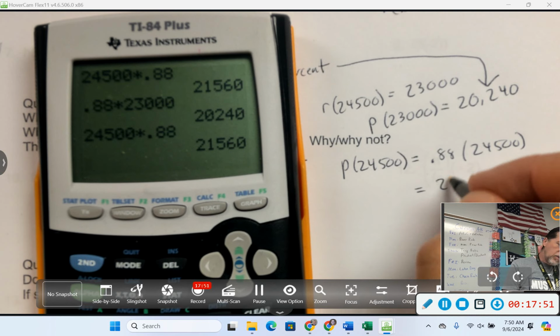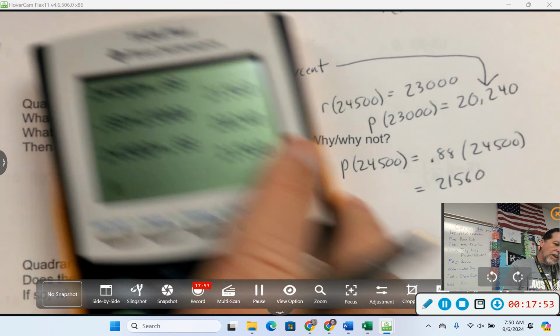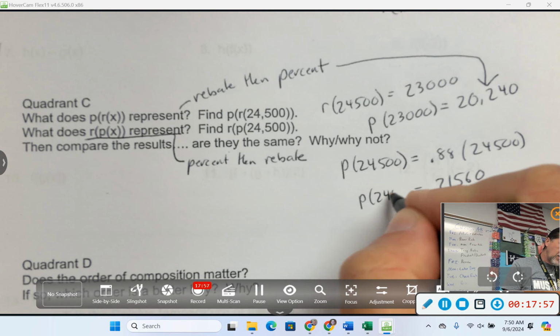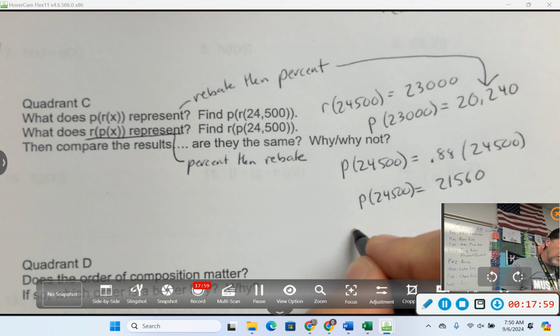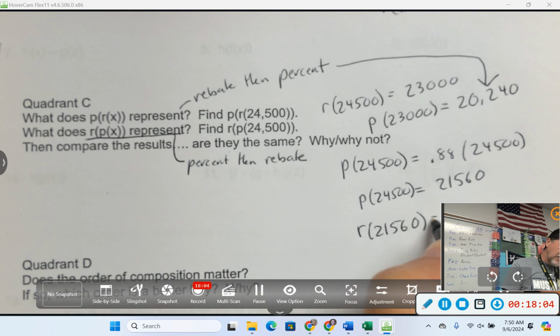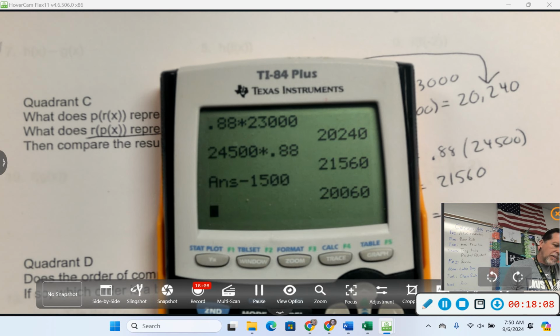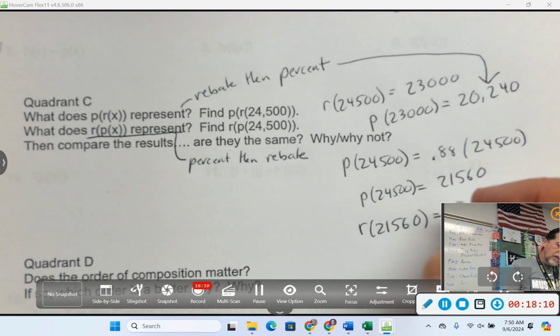Is 21,560. That's the percent function. But then the rebate function of 21,560 means subtract 1,500, which is $20,060.